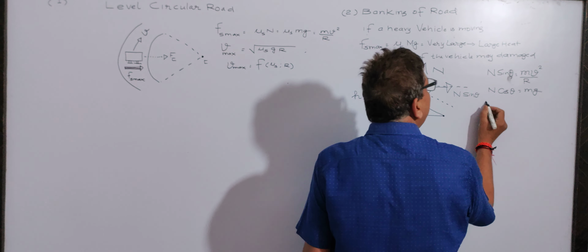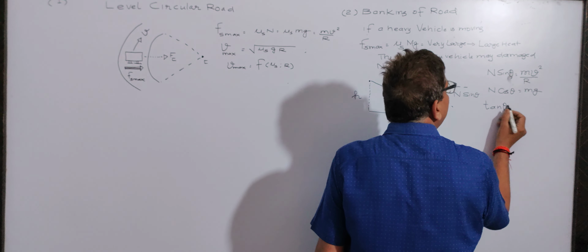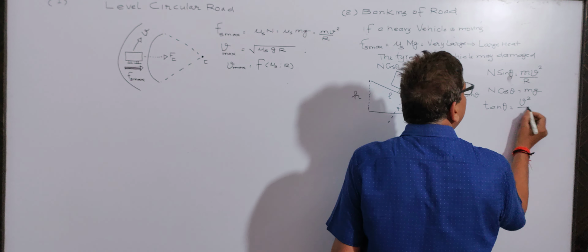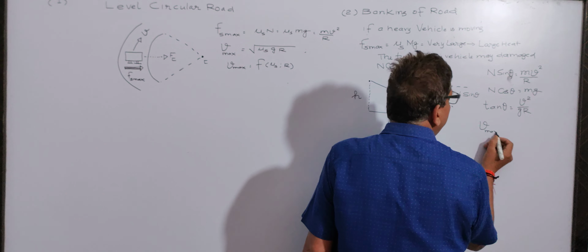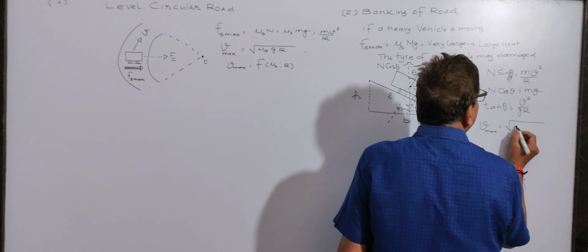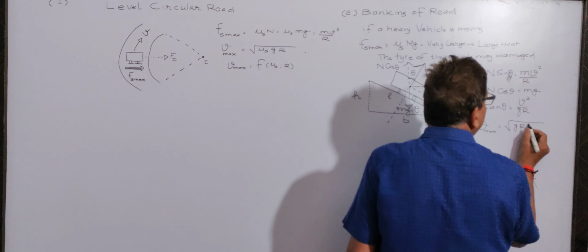So I can say the angle of banking tan theta can be written as v square by g r, or the maximum speed v max can be written as root under g r tan theta.